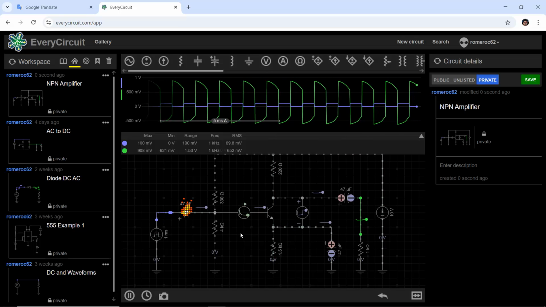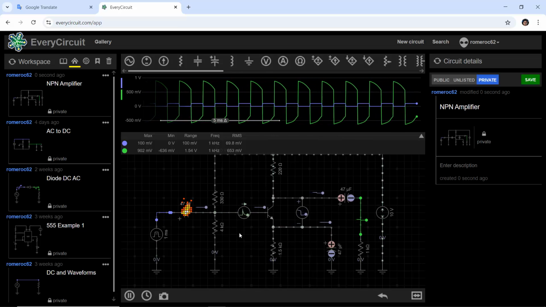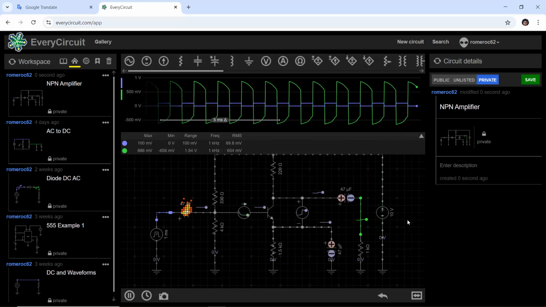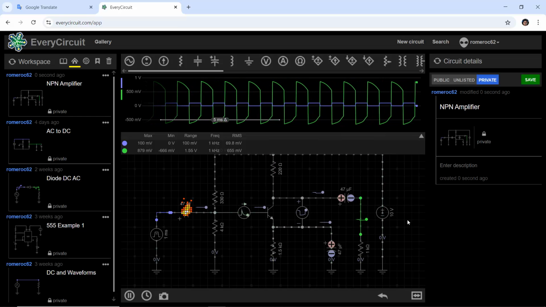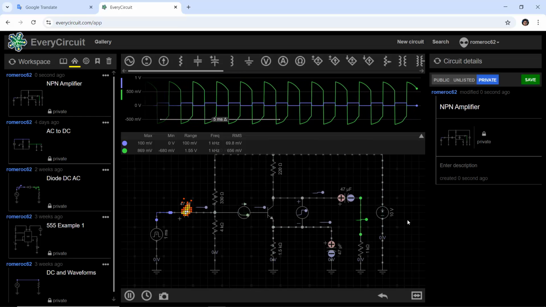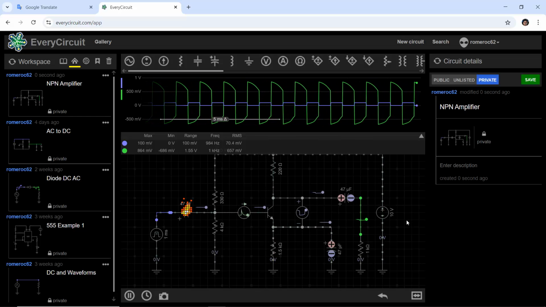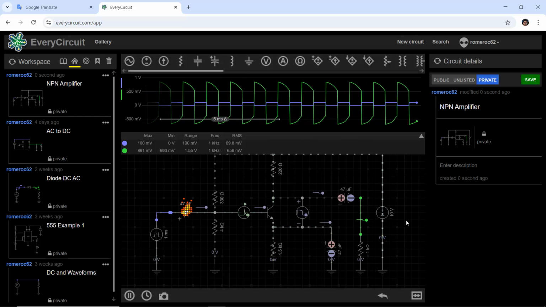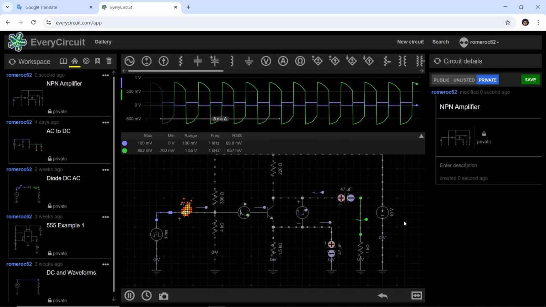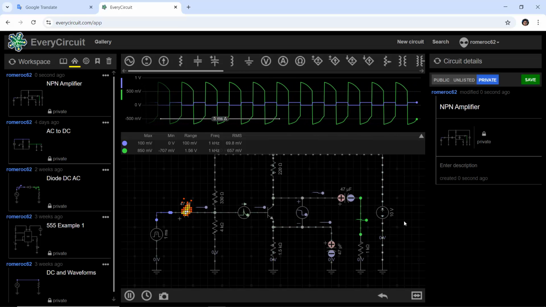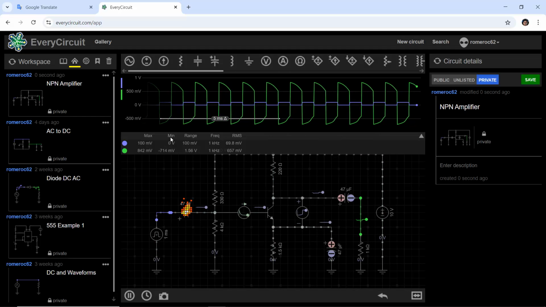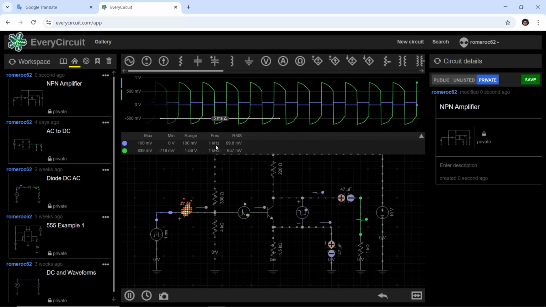Wait a minute. The input maximum value is 100 millivolts, minimum value 0, frequency 1 kilohertz.